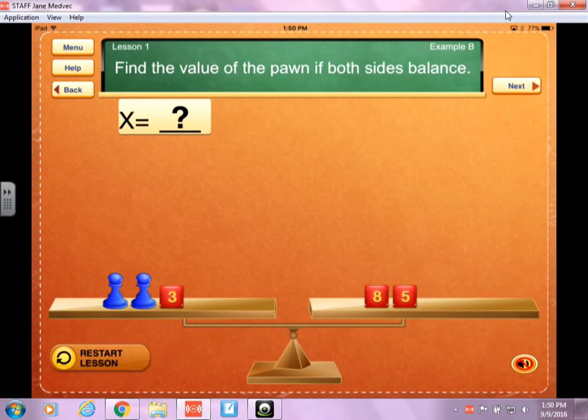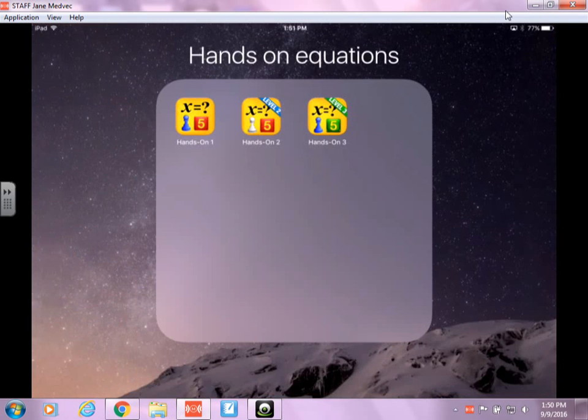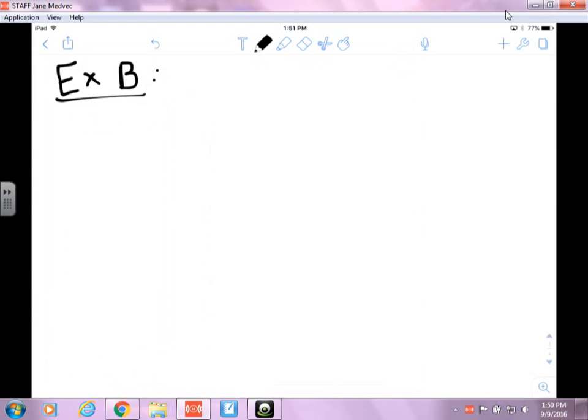In the middle of the balance, that is an equal sign. That's going to be our equal sign. And then on the other side, I have an 8 and I have a 5. So that's this. Watch how I write this now. I'm going to go to my notes where you're going to be taking notes. And I'm going to write X plus X, because I had 2 blue pawns, right?